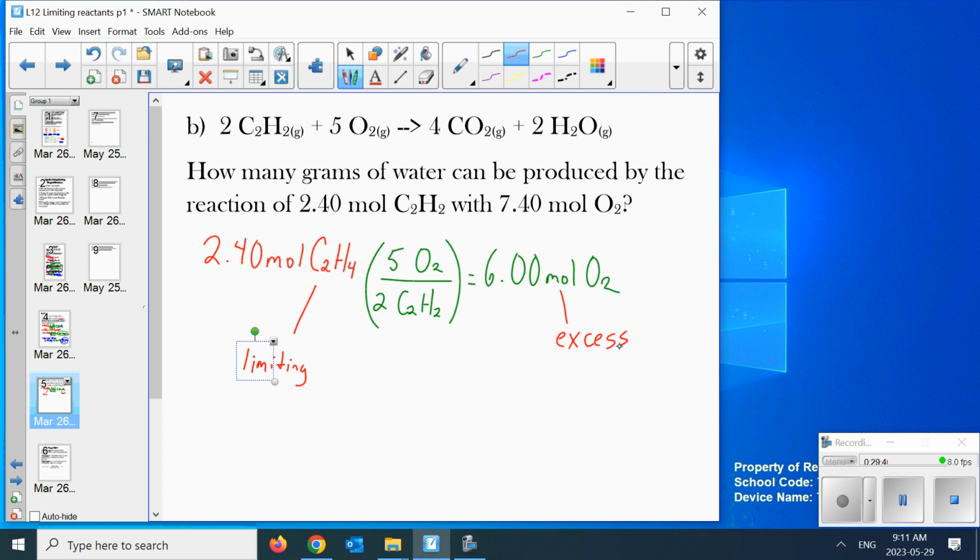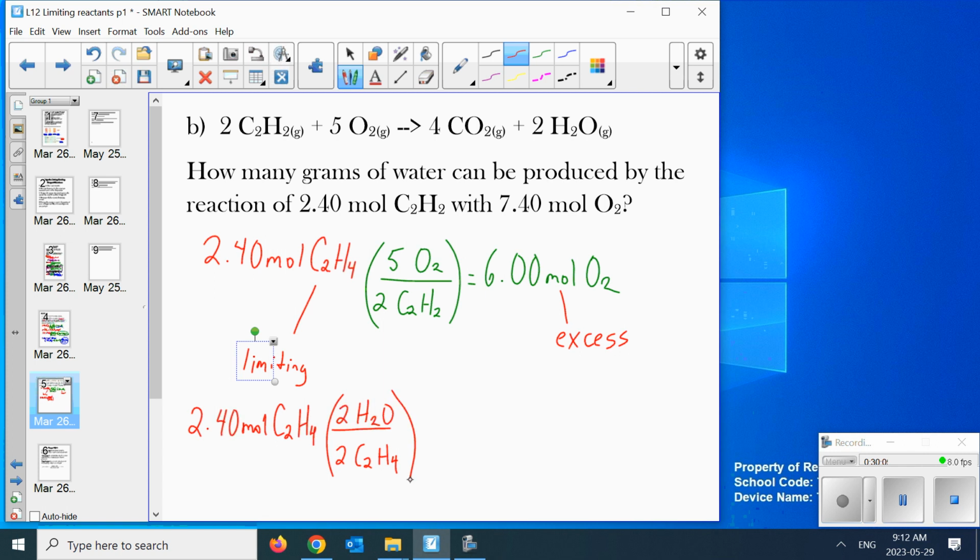So, taking a look at this, grams of water, I want H2O. I'm going to set up a ratio. I'm going to start with 2.4, the limiting reagent. Well, two groups of C2H4 make two waters.